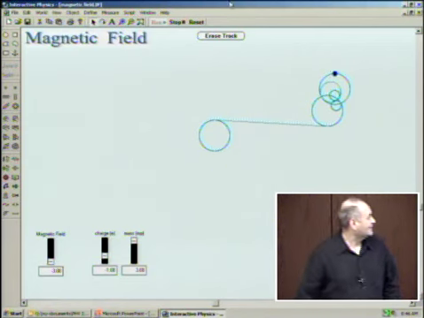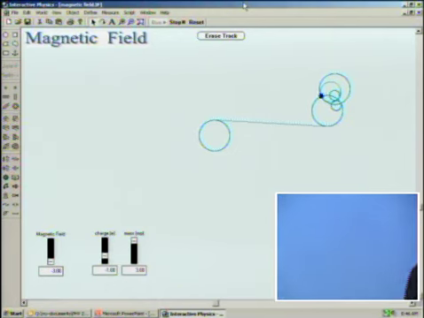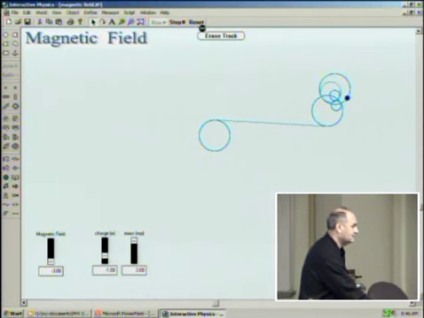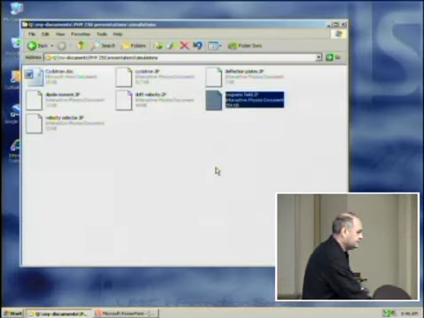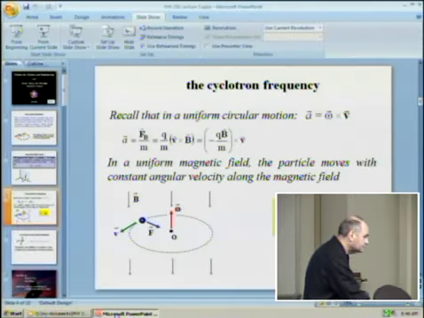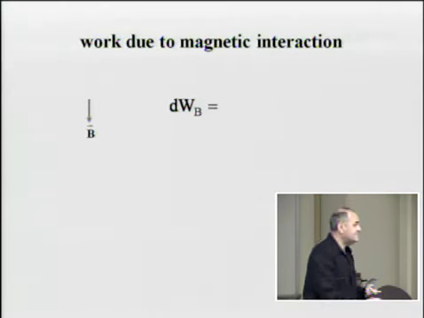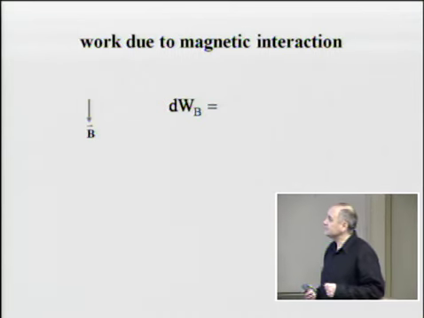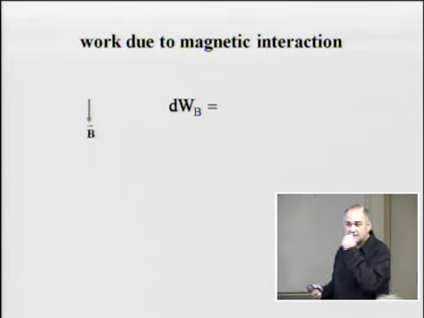All right, so that's enough about the simulation. And let's evaluate another description of interaction, how the magnetic field affects this quantity.